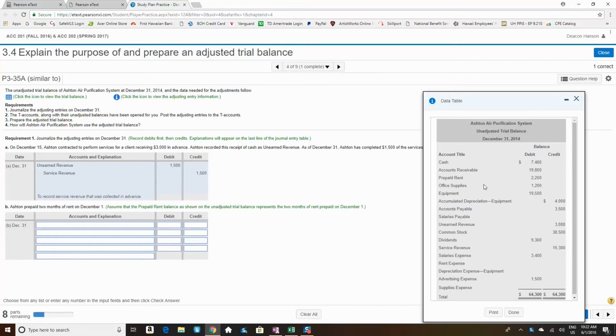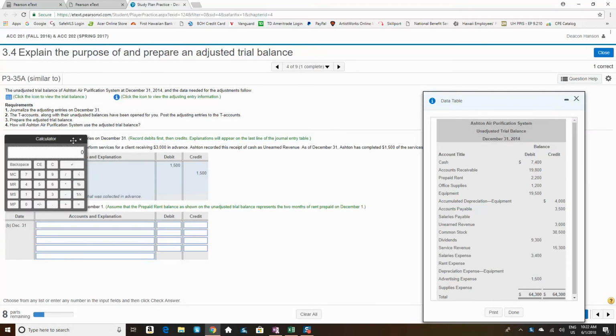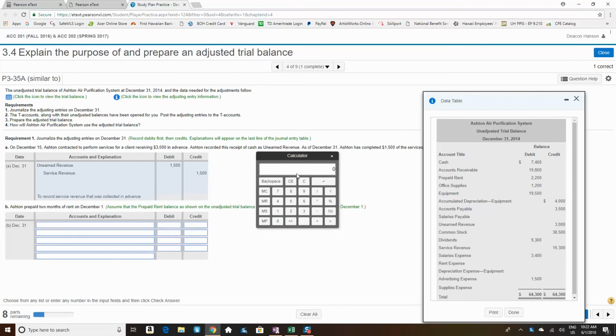What's sitting in prepaid rent? $2,200. So if $2,200 is 2 months' worth of rent, this is really simple, you take $2,200 and divide by 2, and you come up with $1,100. That's 1 month's worth of rent.